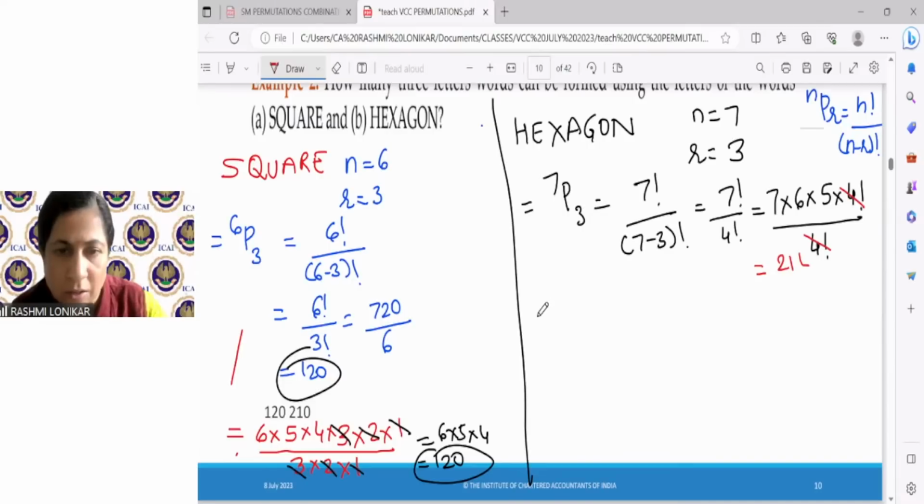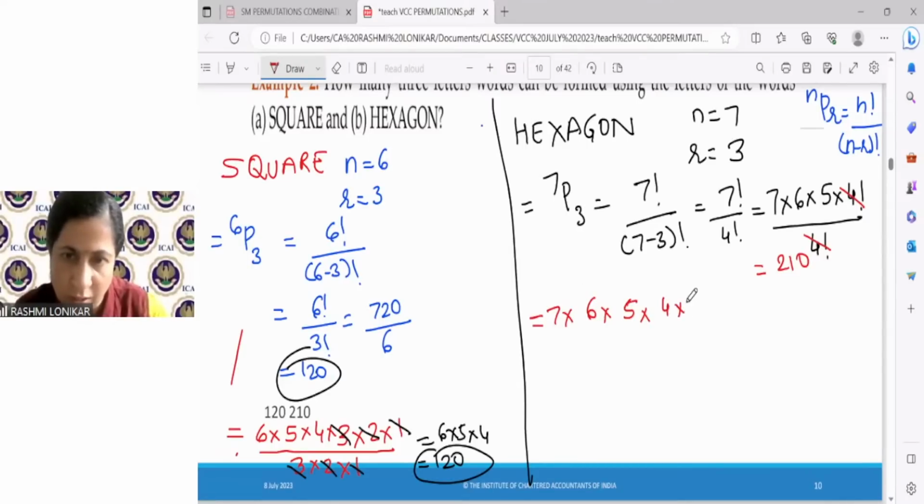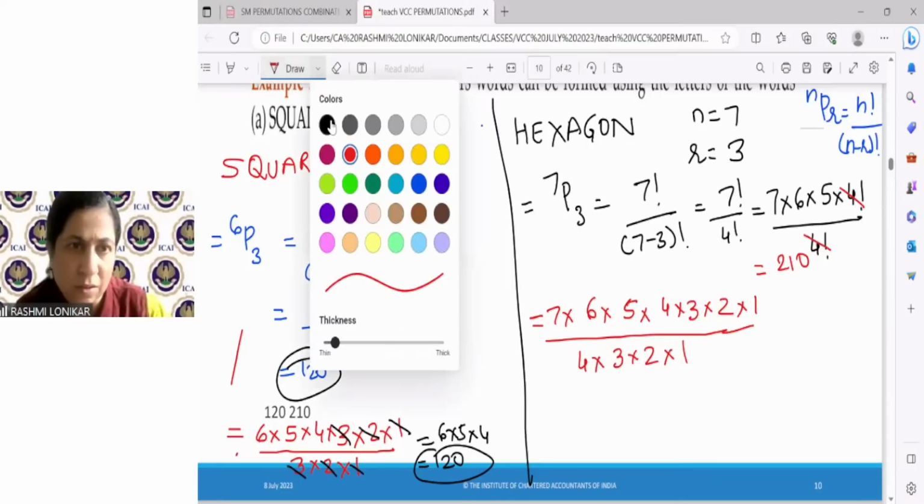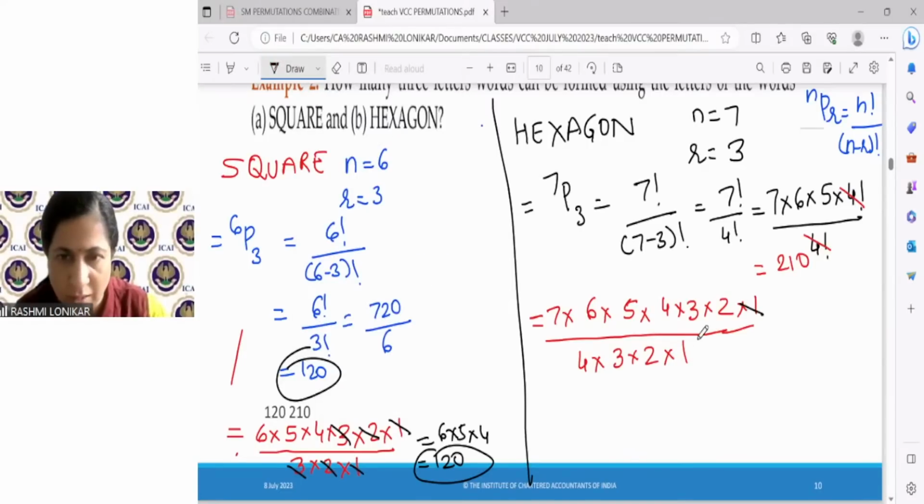Golden rule. 7 factorial is 7 into 6 into 5 into 4 into 3 into 2 into 1 upon 4 factorial, which is 4 into 3 into 2 into 1. 1 cancels, 2 cancels, 3 cancels, 4 cancels.